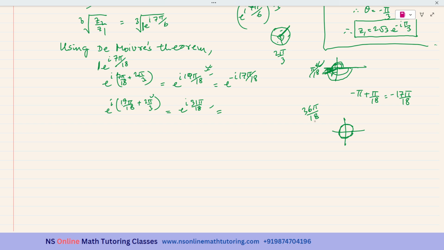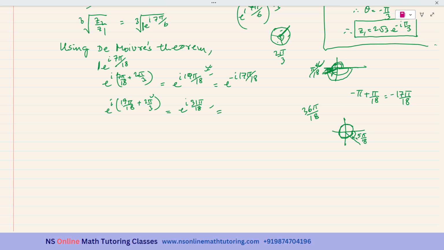But we need 31 pi over 18. So what did it do? The revolving ray has come back in the clockwise direction through an angle of 5 pi over 18. Since it is the clockwise direction angle, it will be negative.